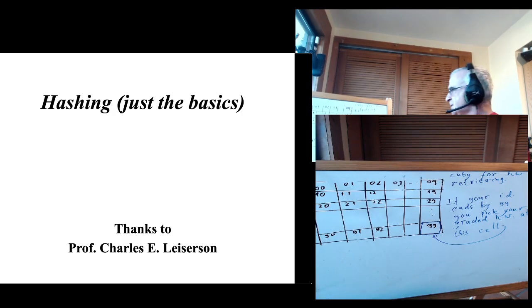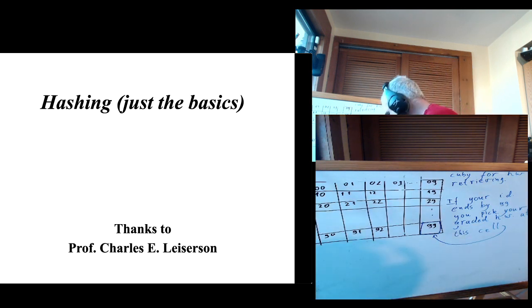And the way it went was that the grader was coming with a bunch of homeworks. On each homework, the student ID appeared. And if your ID ended with 99, then the grader would put the homework right here.